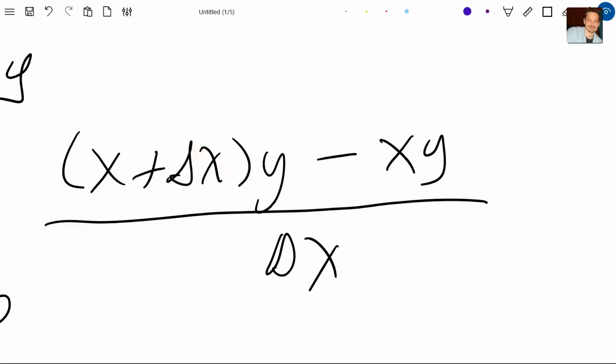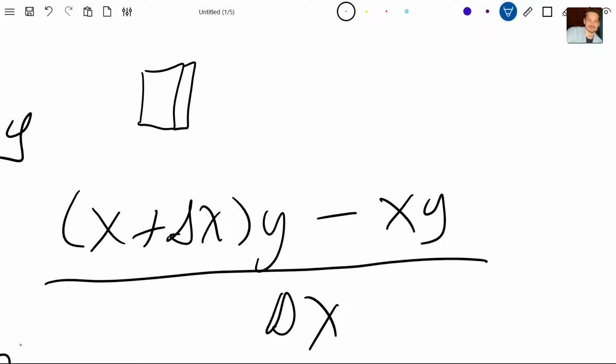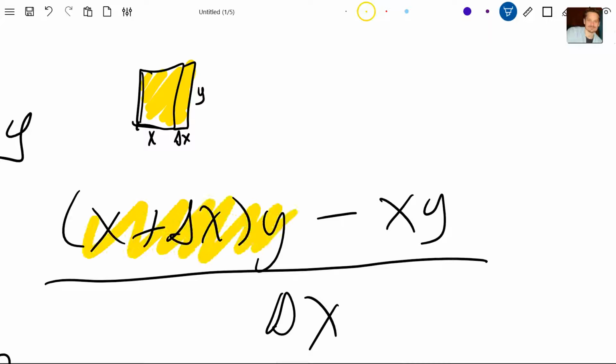So this, in terms of a picture, would be as if you were doing this single piece. This is the area that corresponds to this. This is your x, this is your delta x, and this is the y. So that total area is all of that. That's this expression right here. Let me zoom in on it with the color.